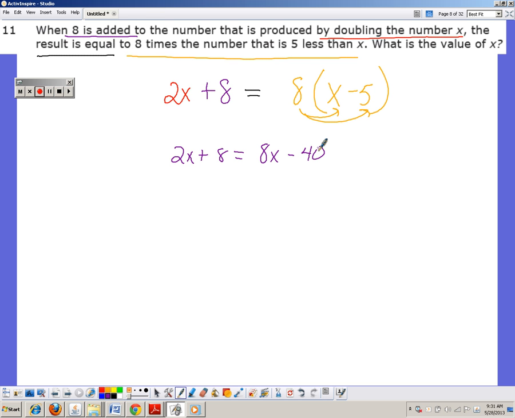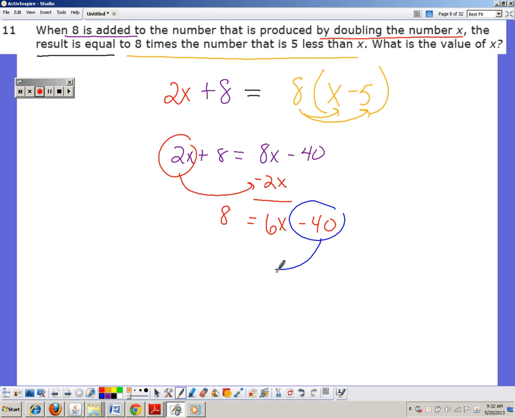Remember, when you're solving equations, your whole goal is to get x by itself on one side, all the numbers on the other. So, to keep x positive, we're going to move this 2x, and it's going to become negative. So that gives us 6x minus 40 on the right-hand side, 8 on the left. Next step is to move the 40.